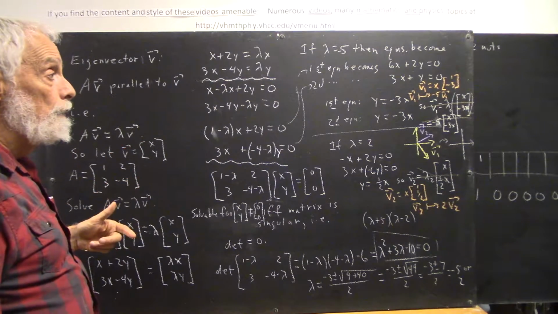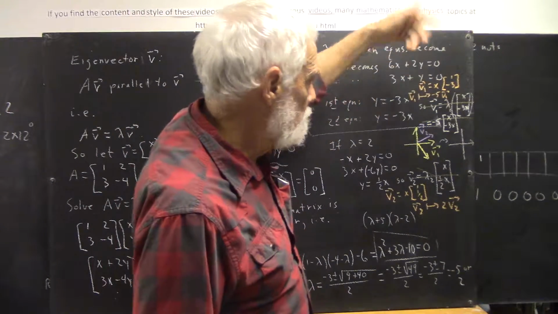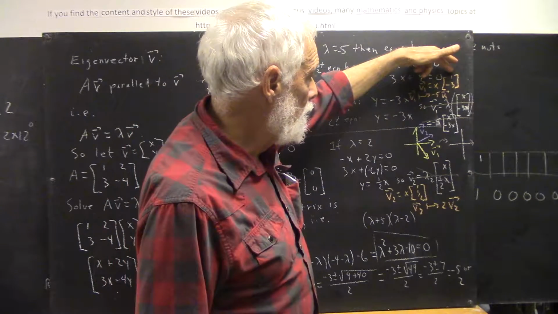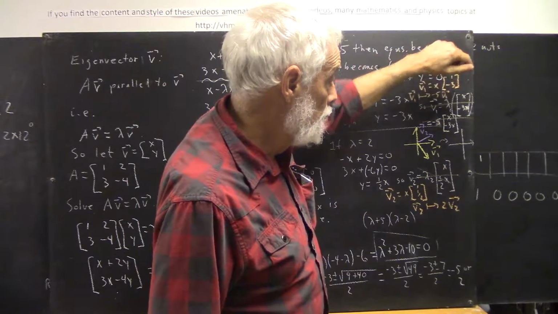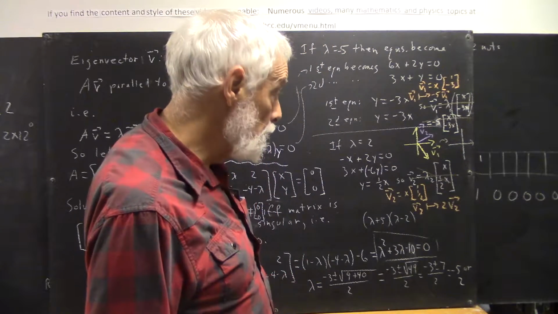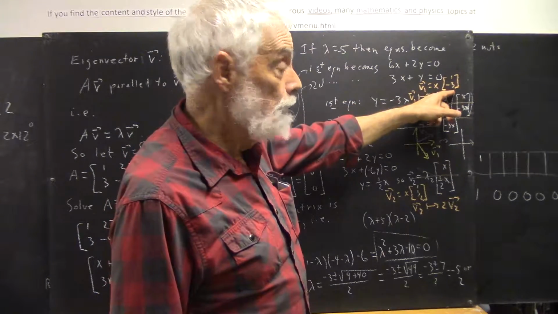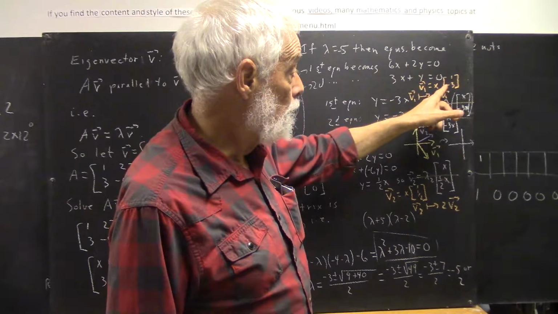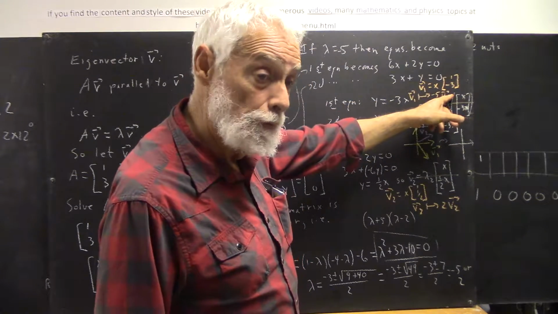Well, one such vector is, we can write it this way, v1 would be x, -3x, which is x times 1, -3. So the vector 1, -3 has this characteristic. You don't need the x, just let x equal 1, then you get 1, -3.